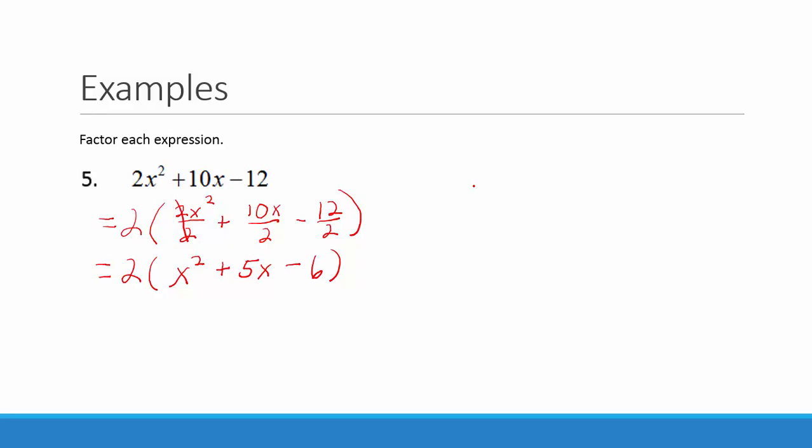Next, let's take a look at this trinomial, x squared plus 5x minus 6. This is in the form x squared plus bx plus c. So let's see if we can factor using our riddle where we need to multiply two numbers to get c, but add those same two numbers to get b.